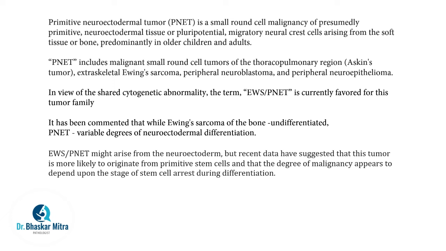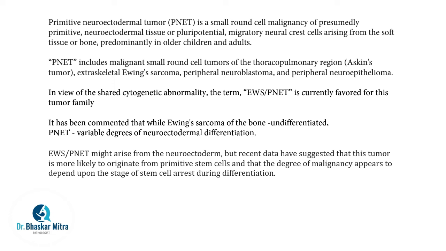So primitive neuroectodermal tumors or PNETs are small round cell malignancies arising from the migratory neural crest, and they mainly affect the soft tissues. They may affect the thoracopulmonary region, called Askin tumor. There may be extraskeletal Ewing sarcomas.